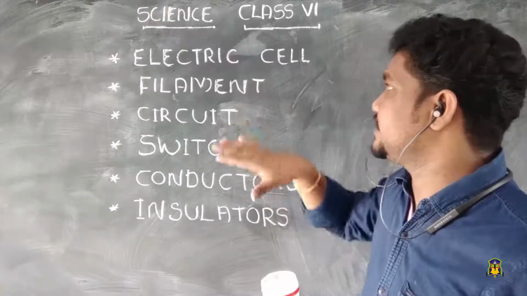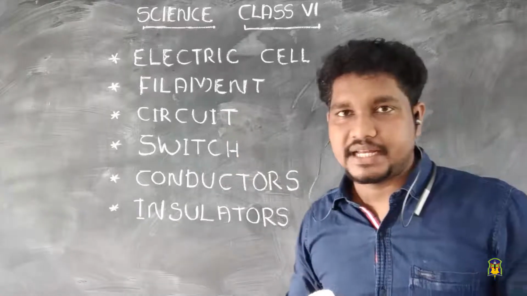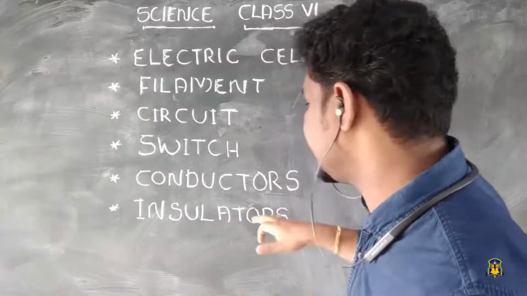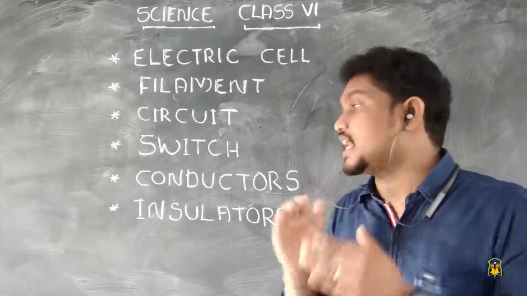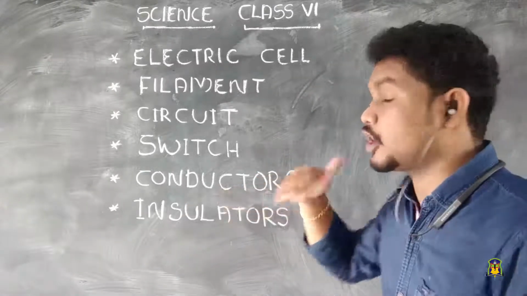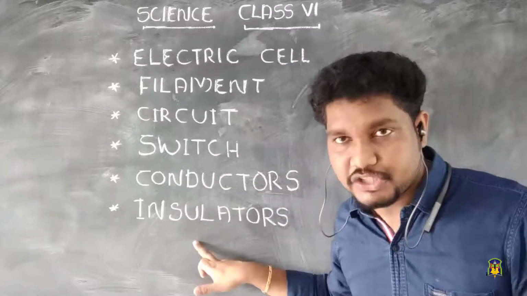So once again, we discussed the electric cell, the filament, the circuit and the switch. Then the last portion: according to the passage of electricity, we can classify materials or objects into two categories, conductors and insulators.